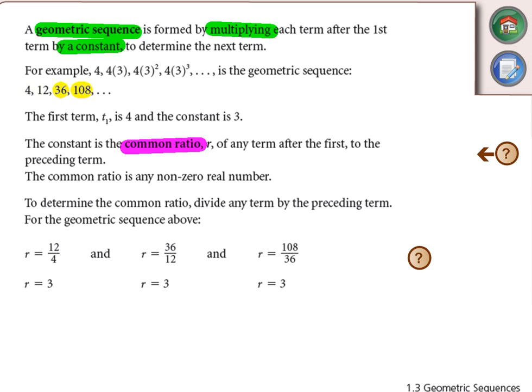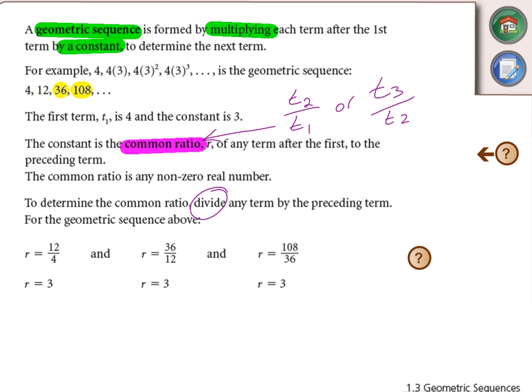And it's called a ratio because we find it by taking the ratio. In order to find a ratio, that means divide. T2 divided by T1. We're making a ratio between the two numbers. Or T3 divided by T2, as you can see along through here.